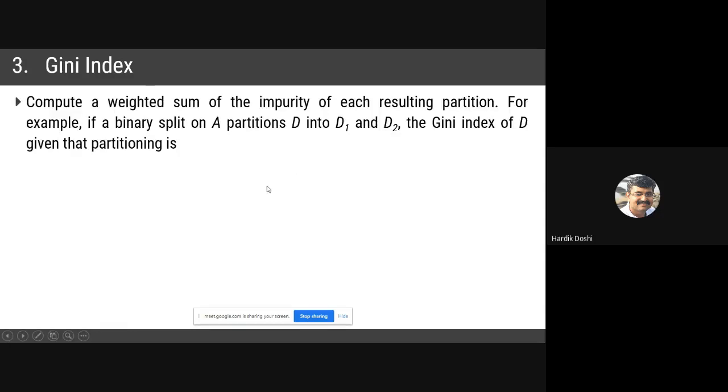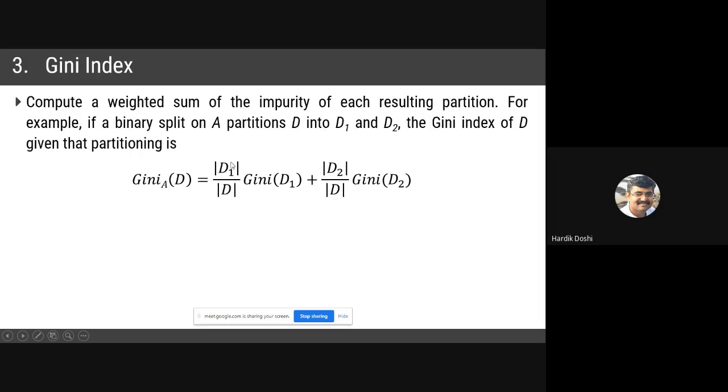Now we need the computed value. We need to compute the Gini for the individual attribute, over here the Gini for income. It is given as, for example, our partition for attribute A: if our total partition D is divided into 2 parts, D1 and D2.